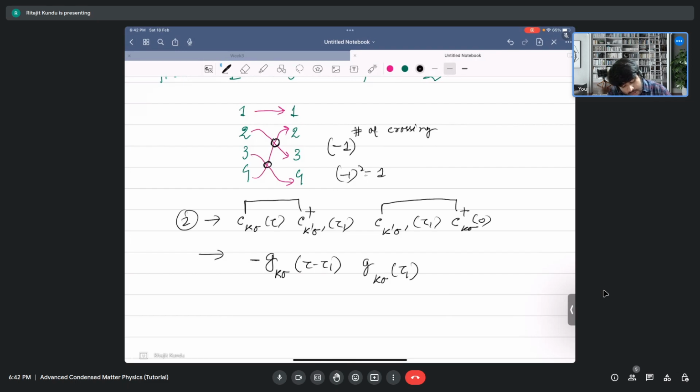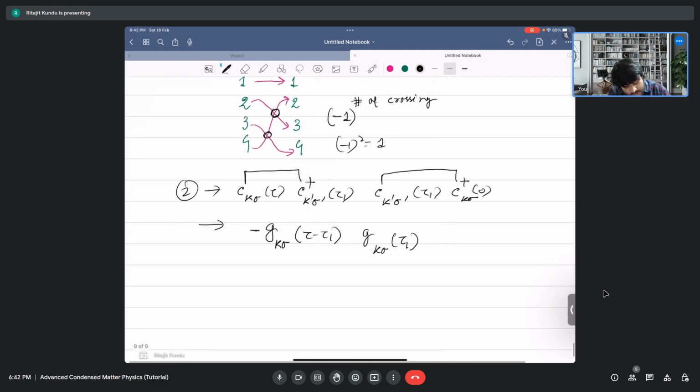And then I have this delta k prime and delta sigma prime. When I contract them, I have to make sure these have the same quantum numbers, otherwise these are 0. That's why this Kronecker delta comes in. These contractions will be non-zero if sigma and sigma prime are the same. Okay, so some simplifications. So this is term 2.